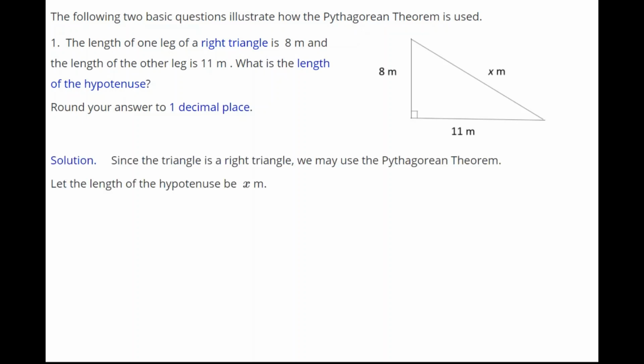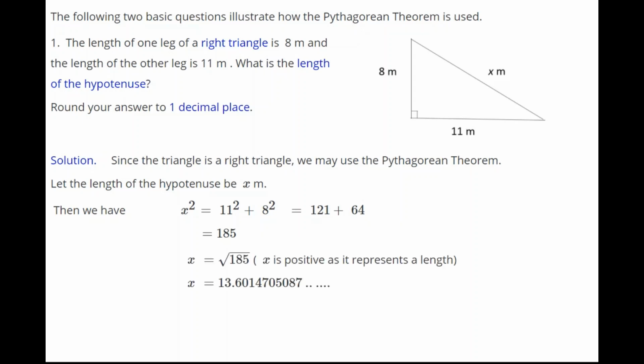Well, since the triangle is a right triangle, we may use the Pythagorean theorem. So we'll let the length of the hypotenuse be x metres. So by the theorem, we have x squared equals 11 squared plus 8 squared. So that's 121 plus 64, which is 185.